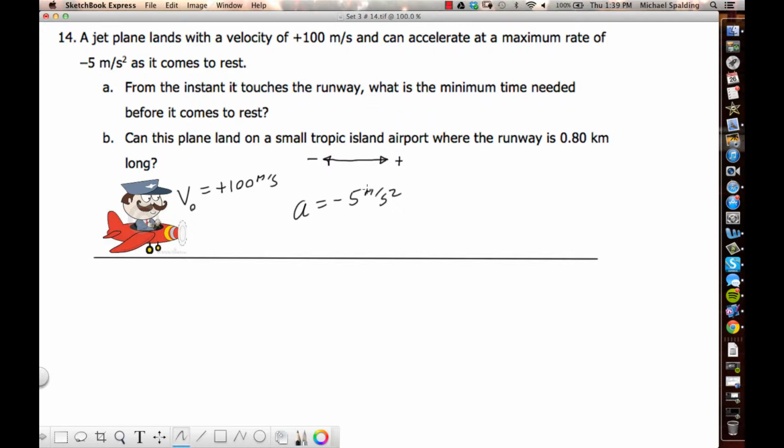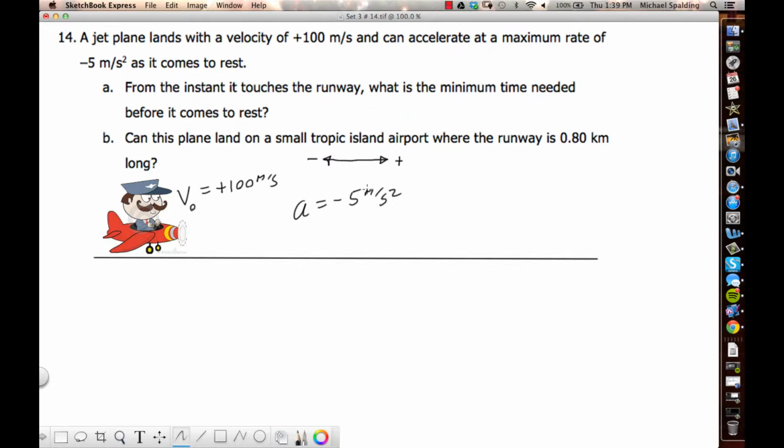When would a negative acceleration be an acceleration? Yeah, or when your velocity is what? Also negative. If this airplane were moving to the left, which is negative, and had a negative acceleration, then it'd be going faster, faster, faster. So here it's a deceleration because the acceleration is opposite the velocity.